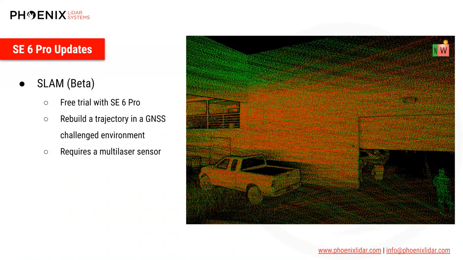We've tested SLAM and are still actively refining it using a variety of mobile and pedestrian acquired data sets. So if you're in need of LiDAR data from GNSS challenged environments, then a SLAM solution could be what you're looking for. And undoubtedly, we will have future webinars and publications specifically dedicated to this topic, but for now, the functionality is there and available for you to try.